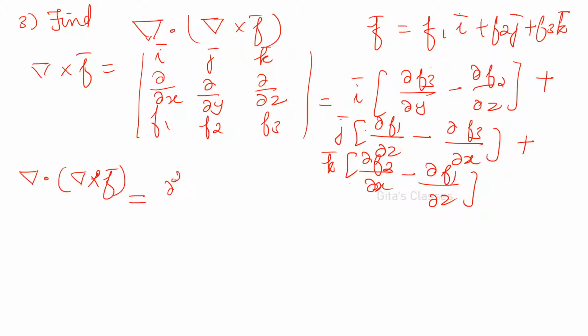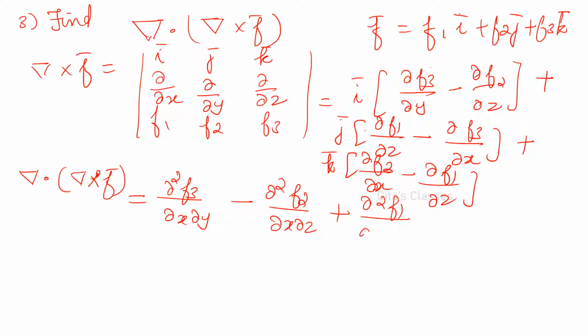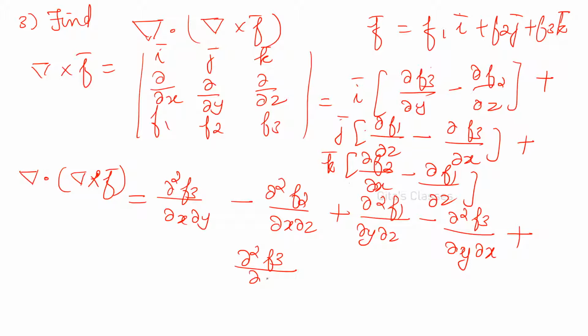So this will become dou squared f3 by dou x dou y minus dou squared f2 by dou x dou z, plus dou squared f1 by dou y dou z minus dou squared f3 by dou y dou x, plus dou squared f2 by dou z dou x minus dou squared f1 by dou z dou y.